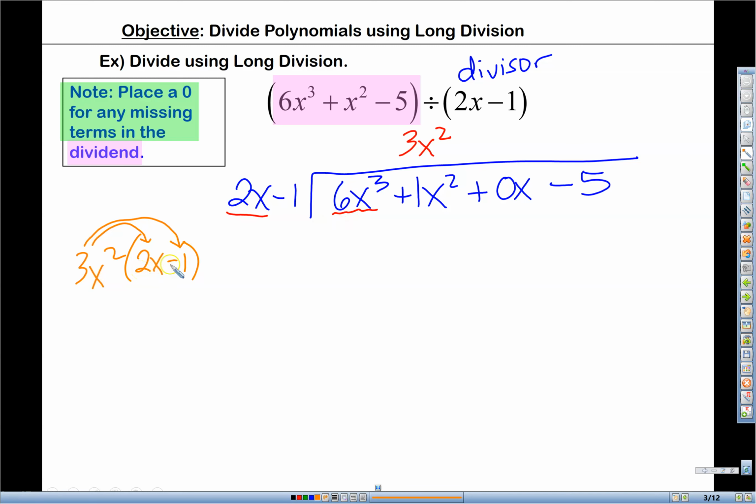The product there, we're going to write underneath our like terms, so we get a 6x cubed, and that's good because these first two should match each other. And then we get a minus 3x squared, which would go underneath our x squared. Now remember, your next step is to subtract.